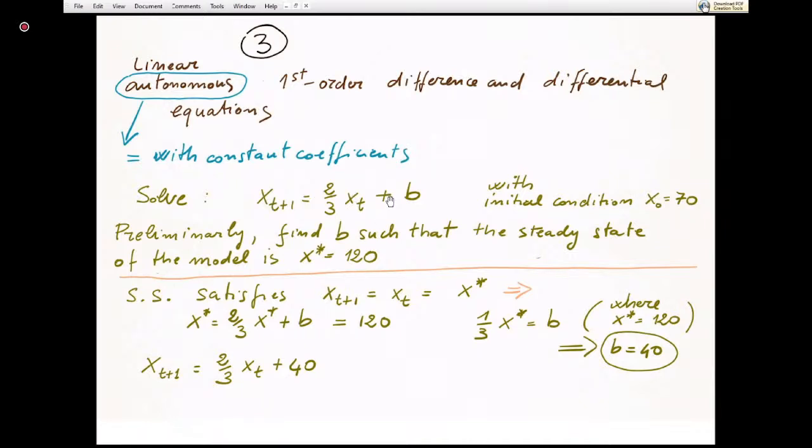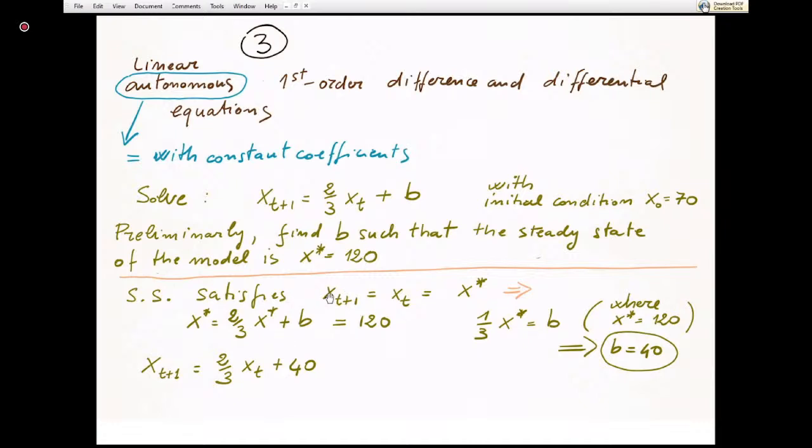Solve this difference equation, but preliminarily determine the value of the forcing term b such that the steady state of the model is x star equal to 120. Okay, so we know that the preliminary question is just a question to assess whether you know what the steady state is and how to find it.